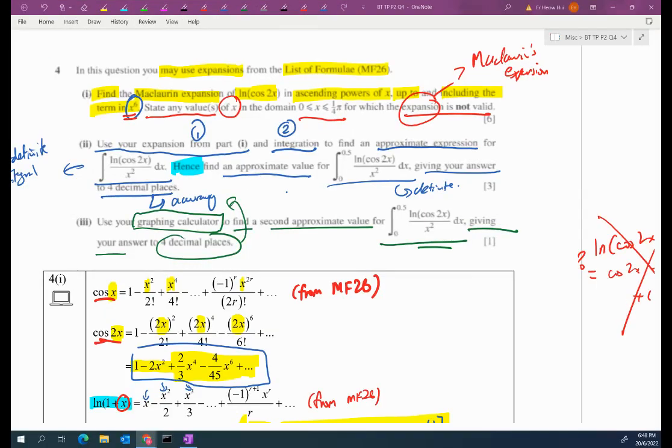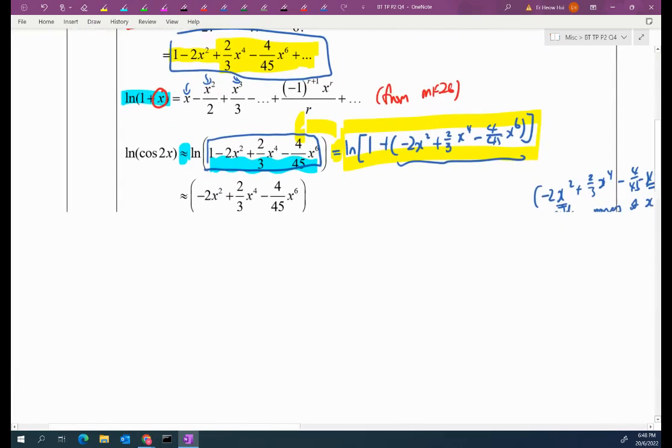Right, so state any values of x in the domain for x between 0 and π/4 for which the expansion is not valid. Okay, so we look at the function ln cos 2x.